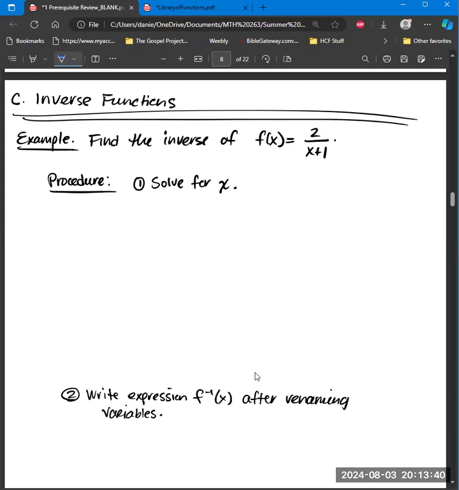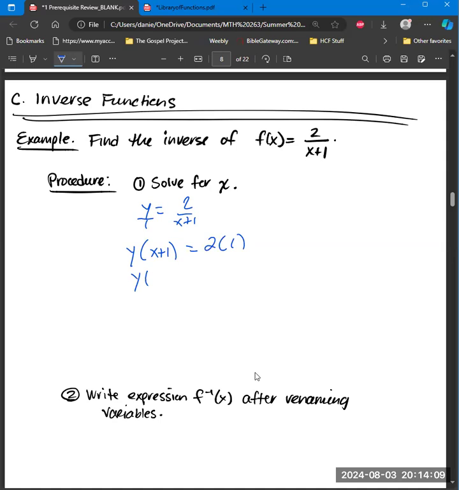So first, let's solve for x in the problem. If this is y equals 2 over x plus 1, then x plus 1 equals 2 over y. Let's actually do that through cross multiplication so that you can see what I did. So this is y times x plus 1 equals 2 times 1.